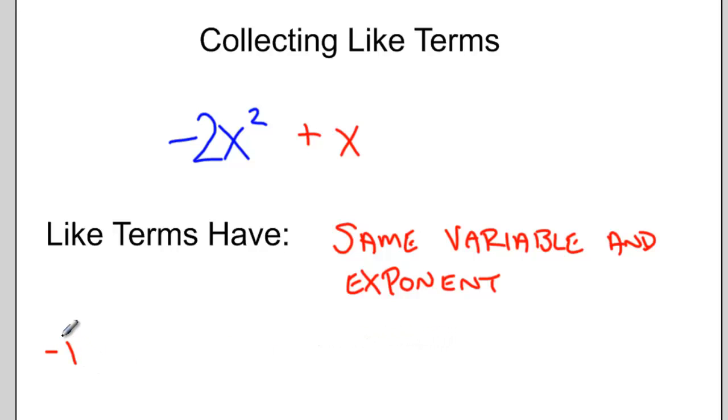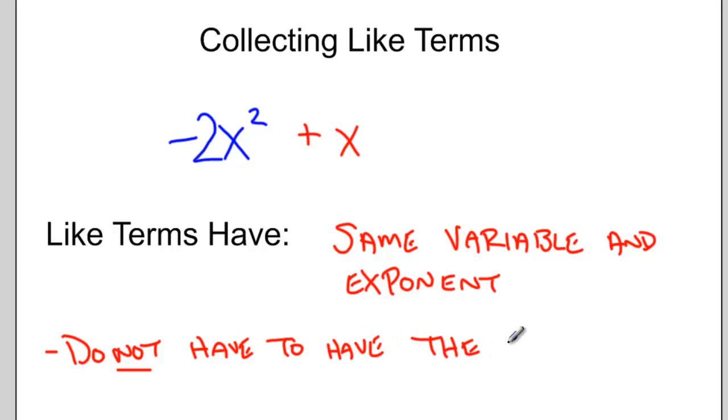Like terms do not need to have the same coefficient. So like terms have the same variable and exponent, but do not have to have the same coefficients.